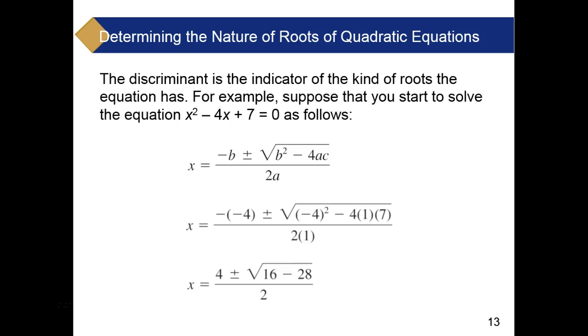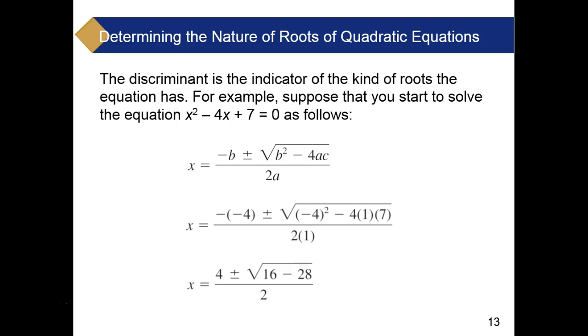And all divided by 2 times 1. There's your denominator. So what does this give you? Positive 4 plus or minus negative 4 squared is 16 minus 4 times 1 times 7, only one minus sign, so this stays minus, and this gives you 28.